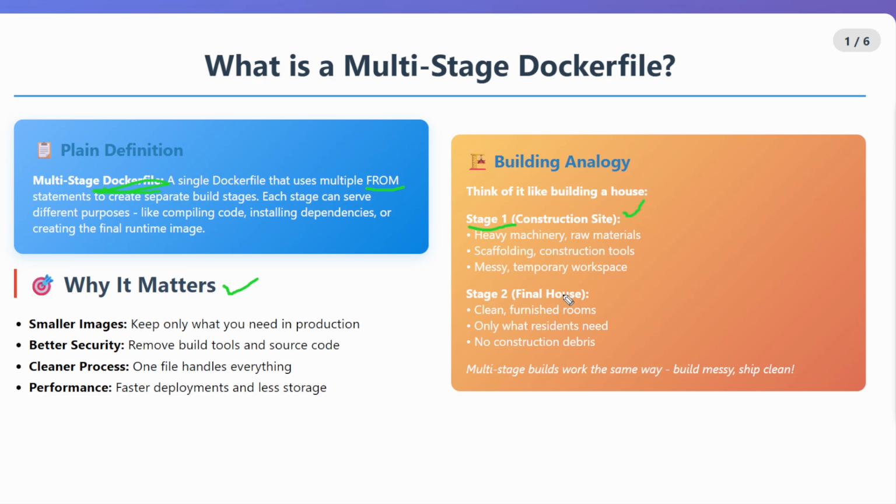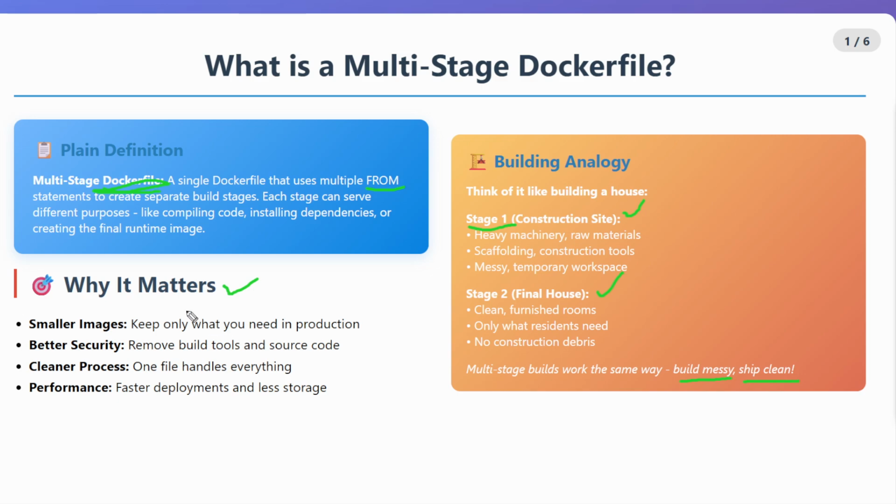In the second stage is your final house, with clean furnished rooms, only what residents actually need, no construction debris, no temporary workstations. Multi-stage builds work in the same way. They build messy and ship clean.